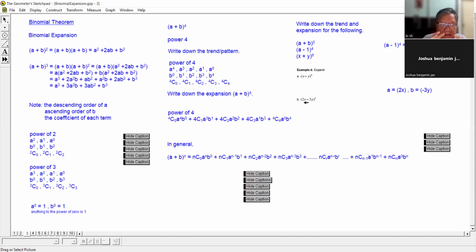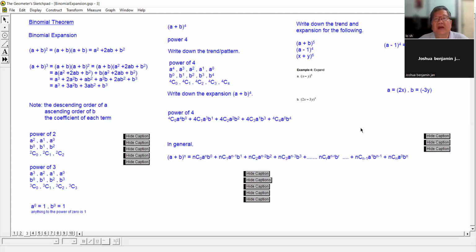So this term, actually you can predict if they tell you one thing about a particular term. These are called terms: first term, second term, third term, fourth term, and fifth term. So if they give you one piece of information regarding that term, you can actually write down the whole term. Do you know what I'm talking about?